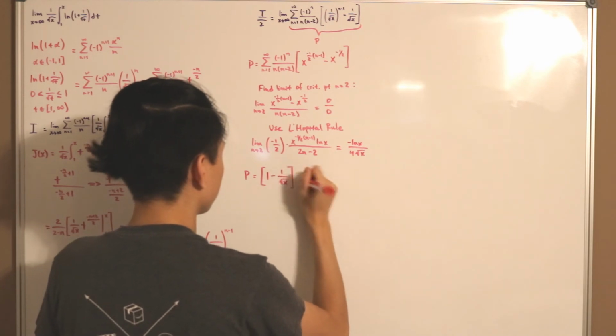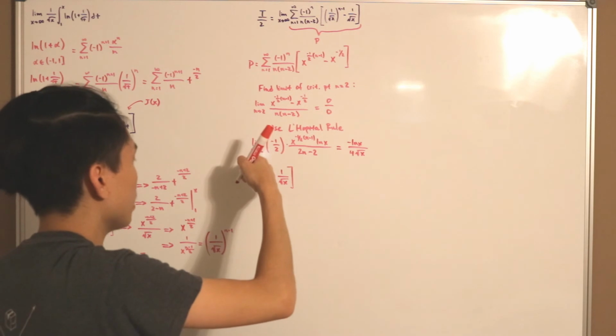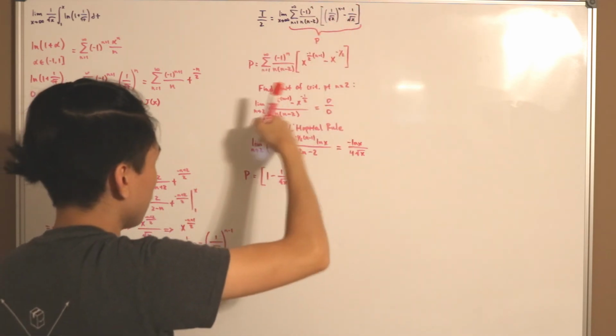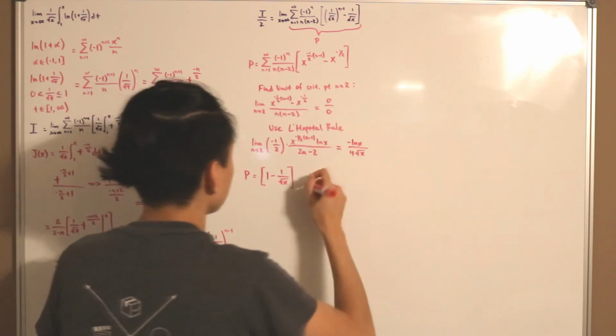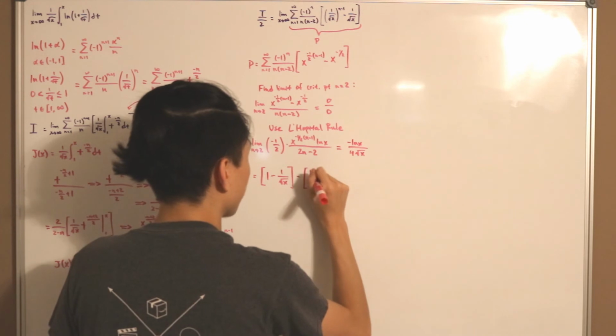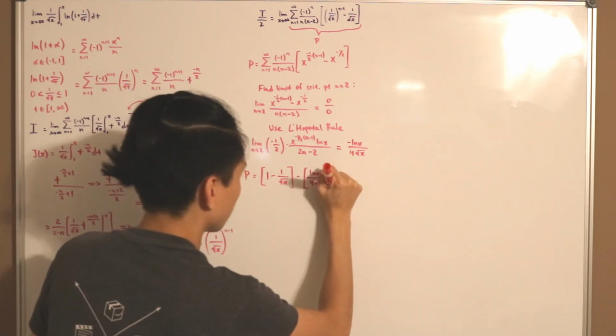Then plus, when n is equal to 2, we just showed that for this function in particular, it is equal to minus ln of x divided by 4 times the square root of x.